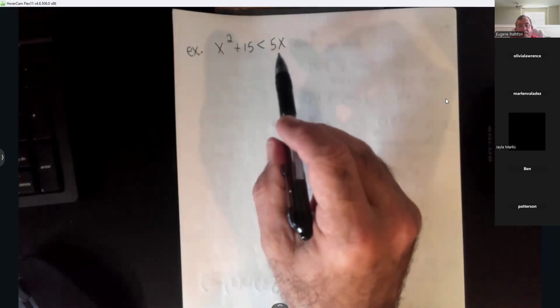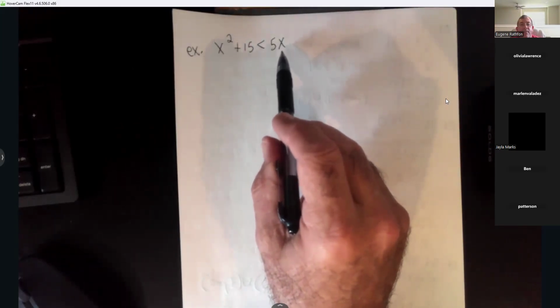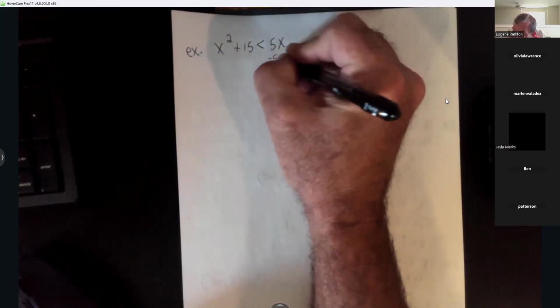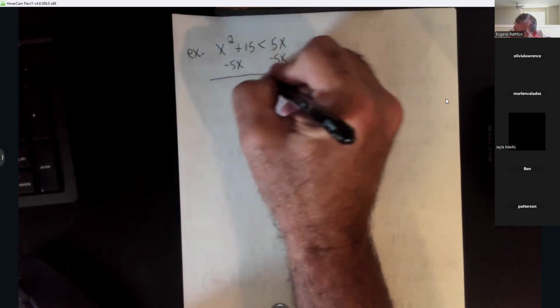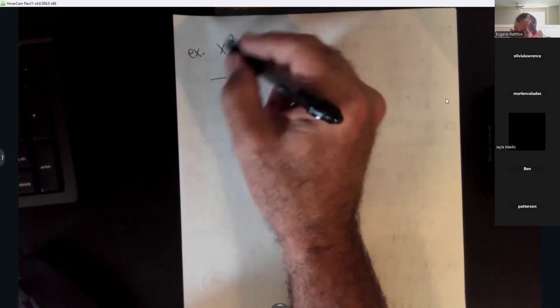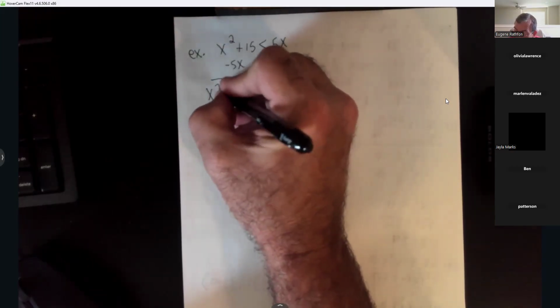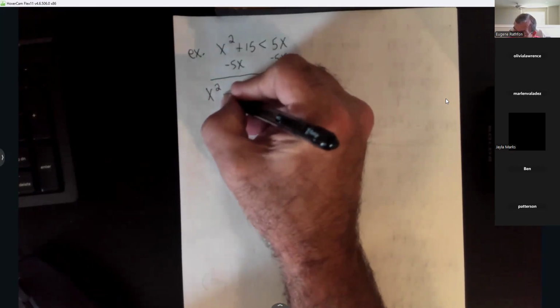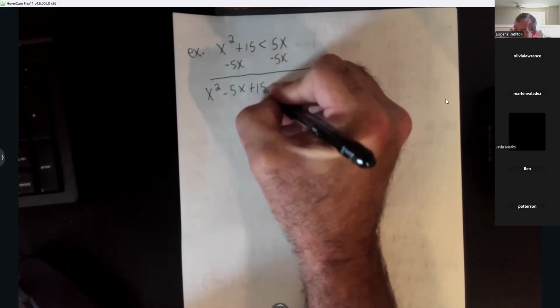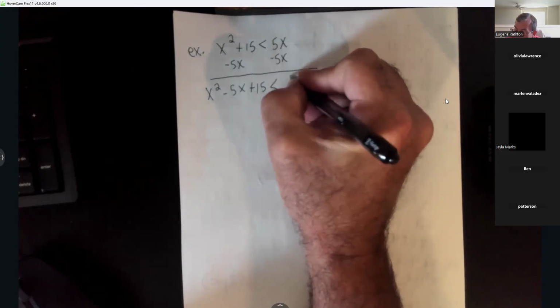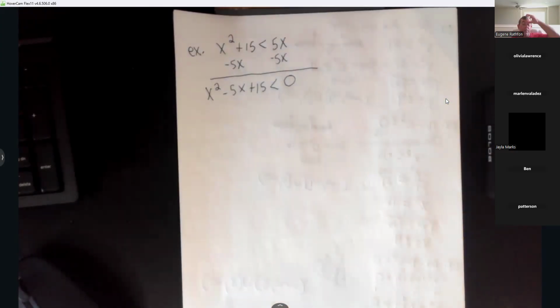You need a 0 on this right side, so you're going to move the 5x by subtracting. On this side, there are no like terms, so I'm just going to put them in order: x squared, then my minus 5x, then my plus 15, all has to be less than 0.